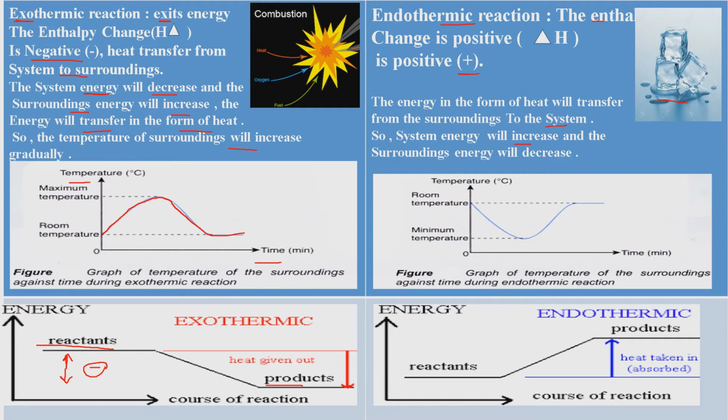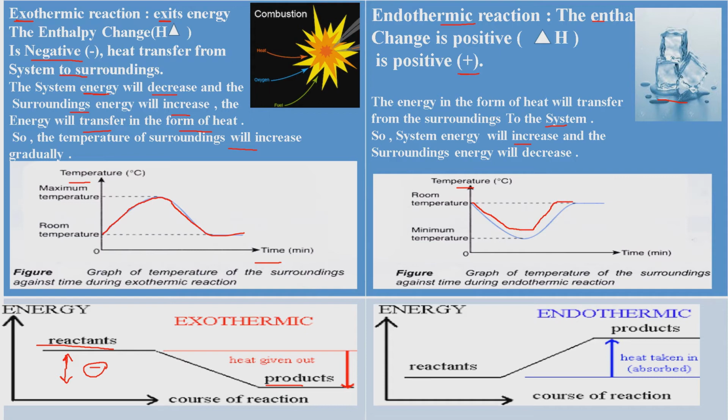As the surroundings' energy decreases, we can see the diagram showing the relation between temperature and time. In an endothermic reaction, the temperature will decrease at first as the system is storing energy, and then it will start to increase again.